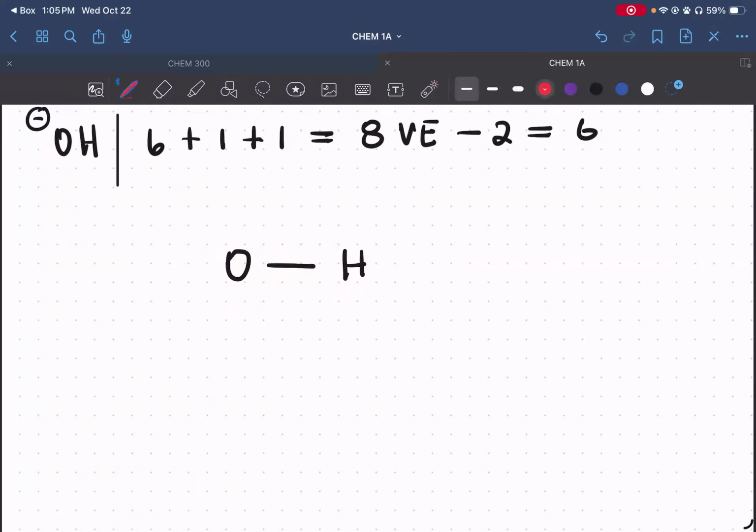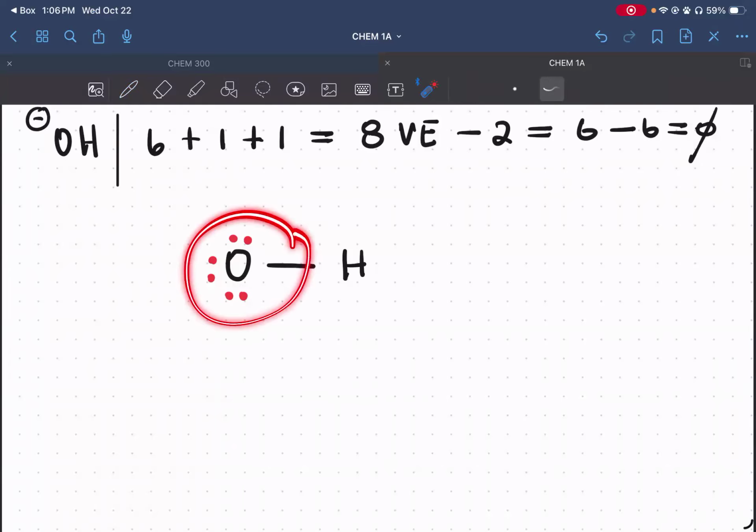So we're going to add 1, 2, 3, 4, 5, 6 electrons. That explains the remaining 6. Is oxygen now happy? Yeah. It has access to 1, 2, 3, 4, 5, 6, 7, 8.